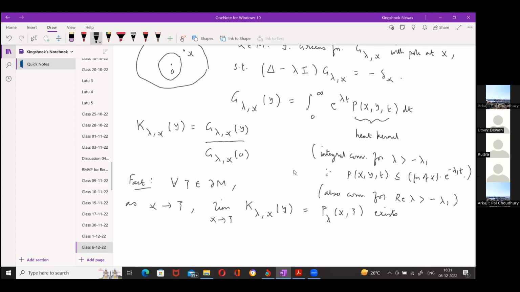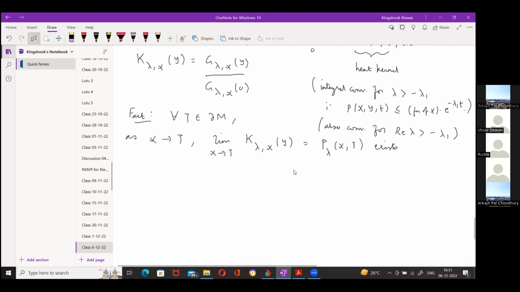So what Anderson and Schoen have done is basically, if here is the lambda plane, let's see. The spectrum is up to here. Let's say this is minus lambda 1. This is the spectrum.